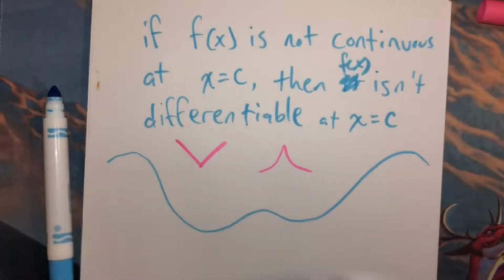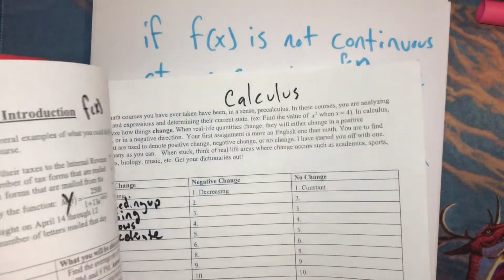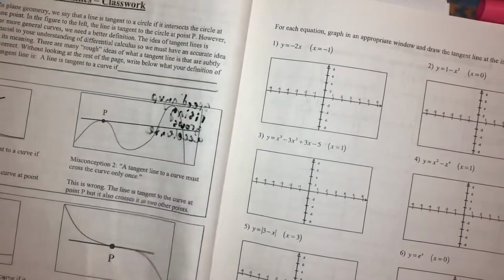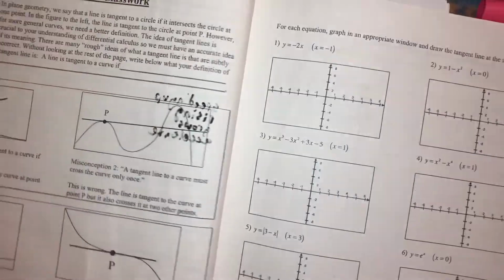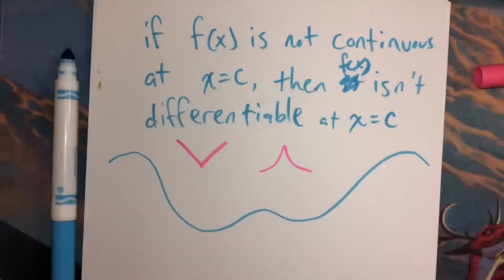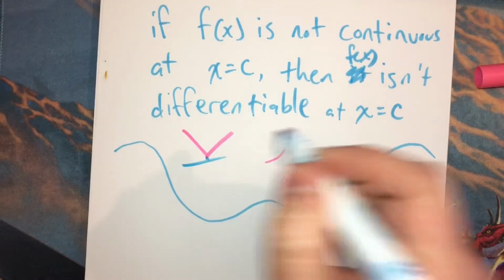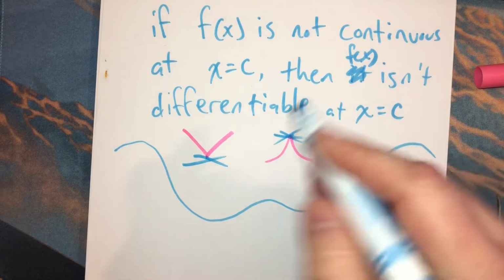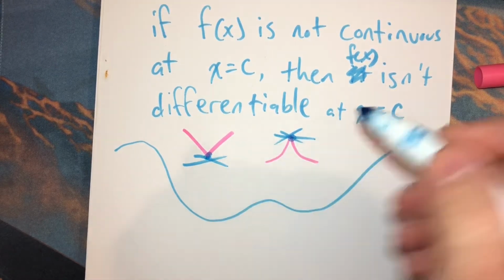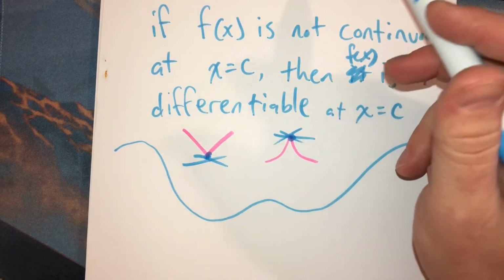And if you recall, all the way back to the second lesson of the year, we talked about tangent lines. And we had some pictures where we were trying to draw the tangent line at these dots. And we were like, we can't, because there's an infinite number of tangent lines that I could draw. And so we say it's not differentiable at those points. Yeah, still not differentiable at those points. We just didn't use that language.